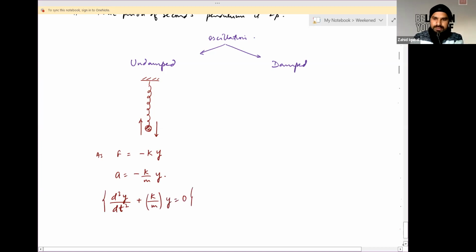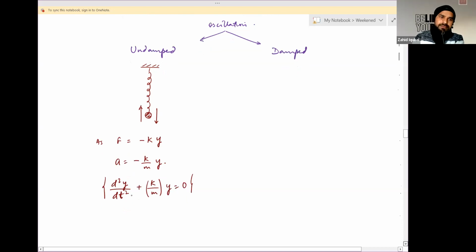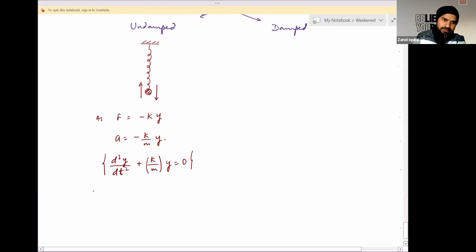If you simplify it, you'll get y equals a times sine of omega t. It means the amplitude of oscillation for this part remains constant.